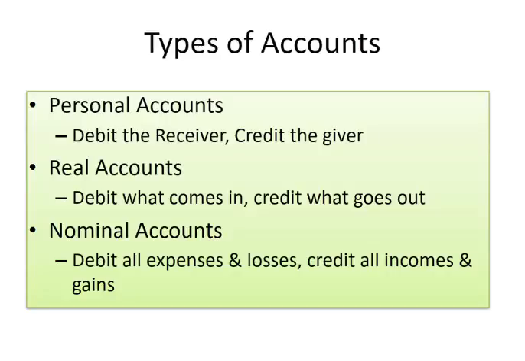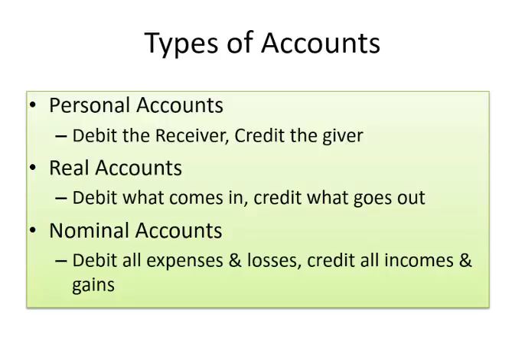The cash is coming to the business and the pen is going out. So debit the receiver and credit the giver. Credit whatever is going out.